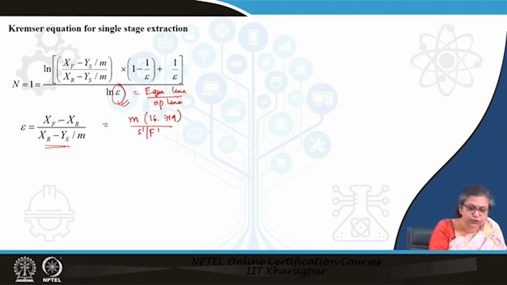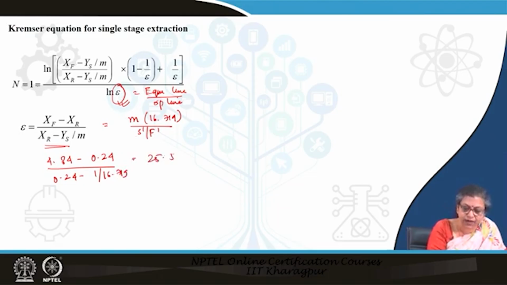So, if we substitute all the values, XF is 4.84, the final XR was 0.24, and this becomes 0.24 minus 1 by 16.719, from where we get the extraction factor as 25.56.